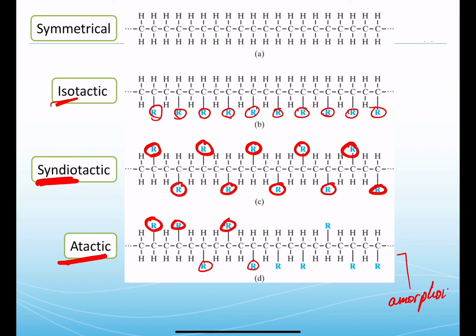It would not be able to crystallize, whereas the regular pattern of side chains would allow polymer chains to align and organize and interdigitate side chains or position side chains in a regular pattern between neighboring molecules and ultimately allow crystallization. So these two polymers would be termed semi-crystalline given that they can crystallize.